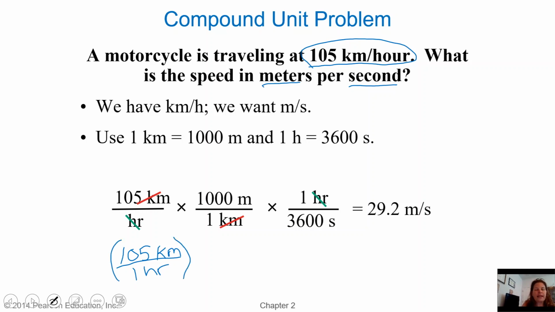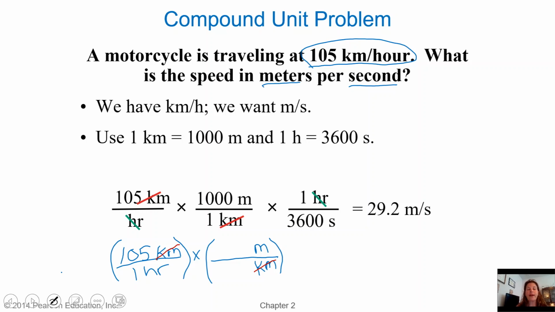So I'm going to take this and start with meters. Now I want kilometers to cancel, so that will go on the bottom. I want meters, so that will go on top. Doing this allows my kilometers to cancel. Now the question is, what numbers do I put in there?